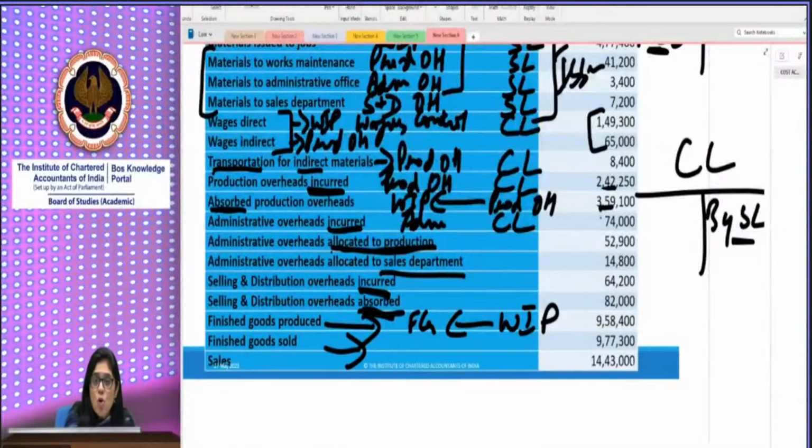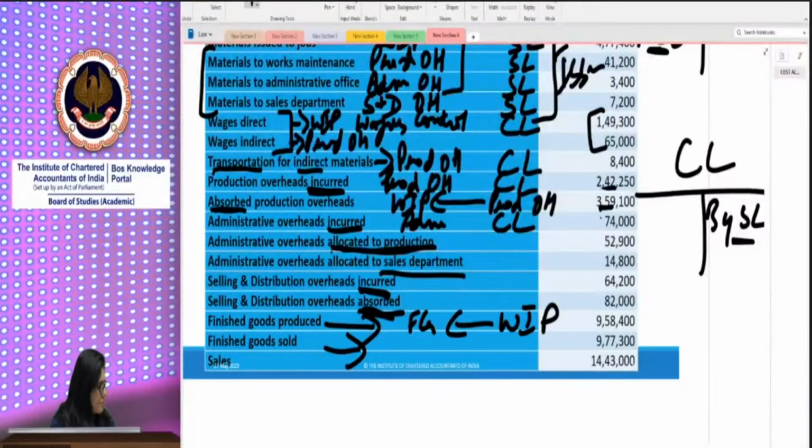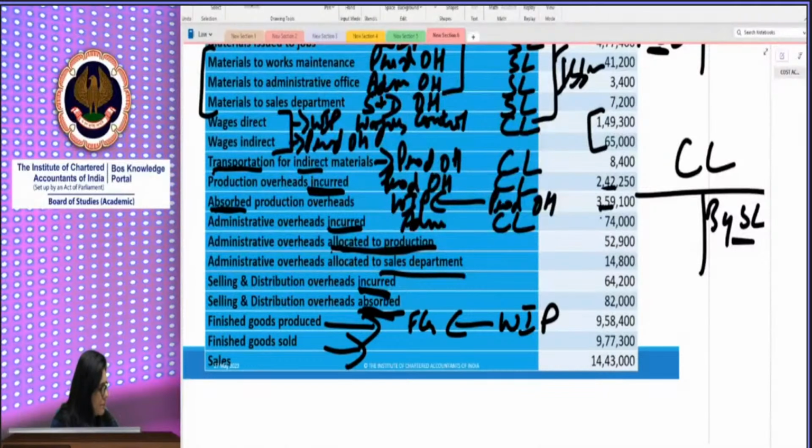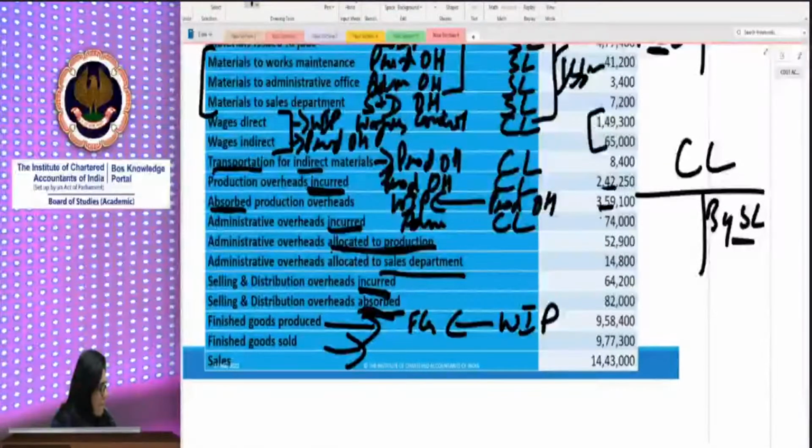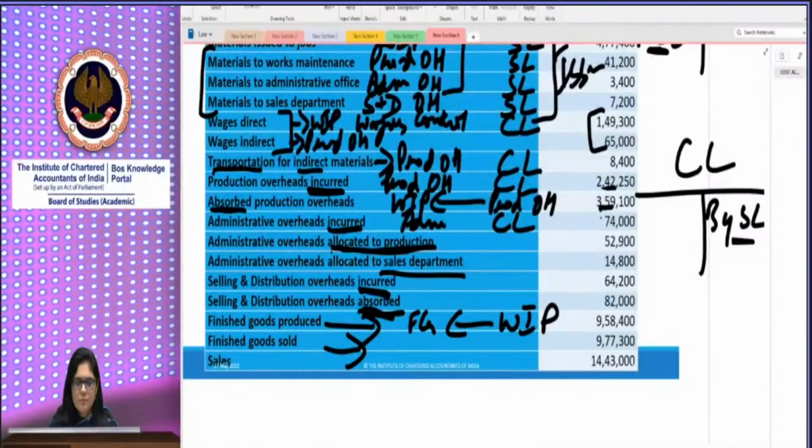Finished goods sold. Finished goods are sold at cost. So which account should be debited and which should be credited? Hurry up. Tell me about finished goods sold.